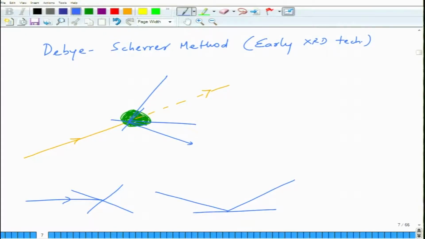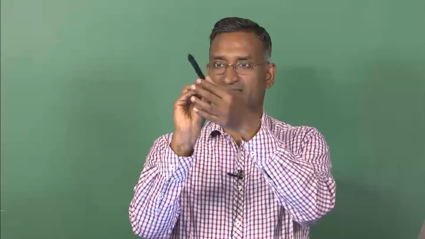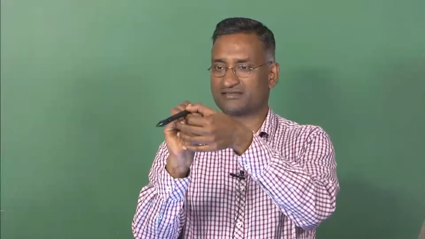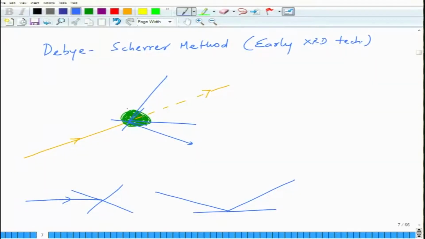So in 3D it is as if you have an incident beam and diffracted beams, one this, another this, another this, and they will form a cone. So you will have a cone of diffracted X-rays coming out of a material. One cone corresponds to one set of planes.